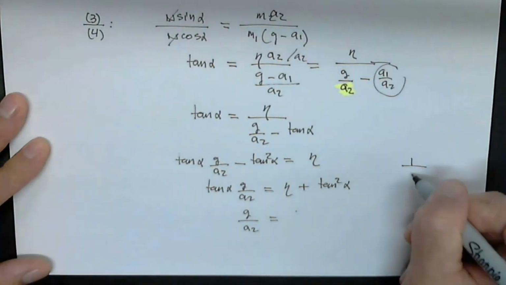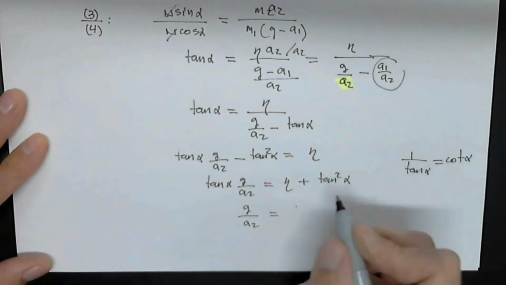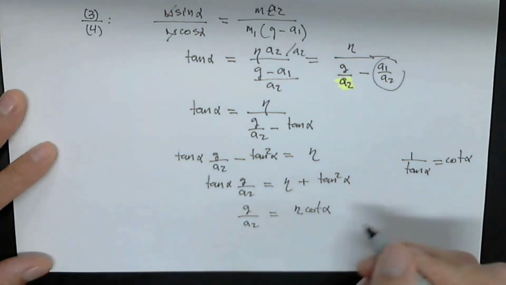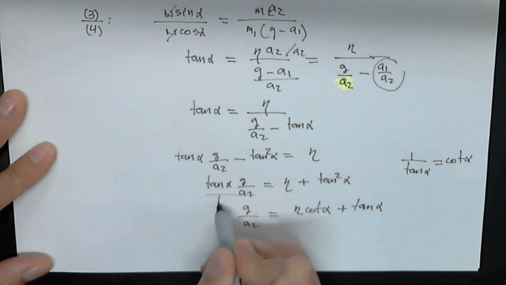Remember that 1 over tangent is cotangent. So I get rho times cotangent plus tangent when I divide by tangent.